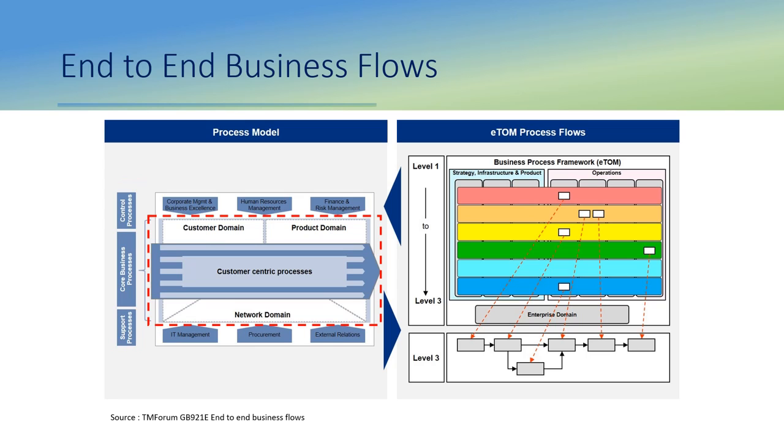Core business processes consist of the customer-centric processes and three additional process areas: customer, product, and network. These can be seen to represent process domains arranged as end-to-end business streams which show a focus across the service provider for the area of business activity concerned.